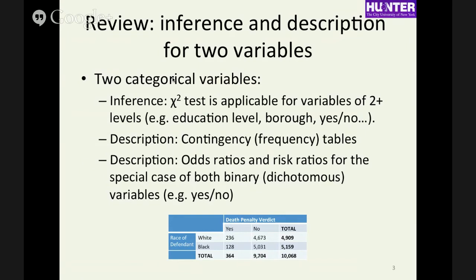So when we had two categorical variables, this was the day that Professor Wyka came in, and I believe she talked about the race and the death penalty example. This was the topic for odds ratio, chi-squared test, and a lot of you for your projects.